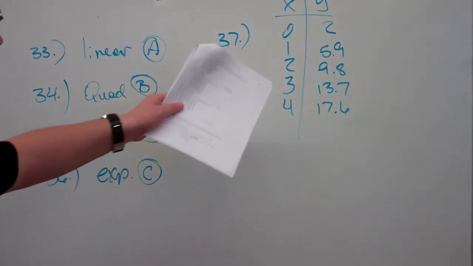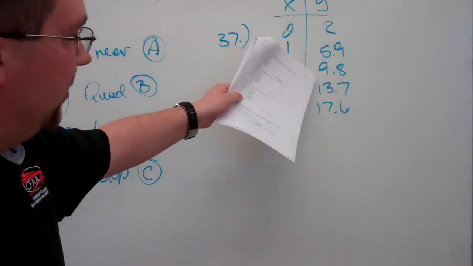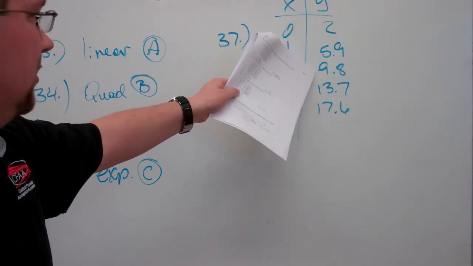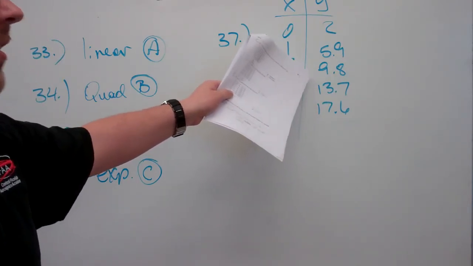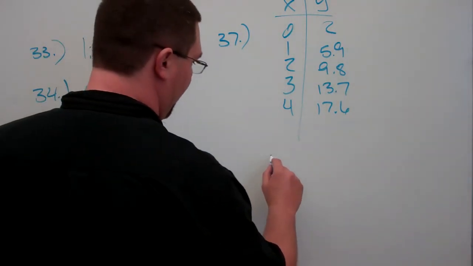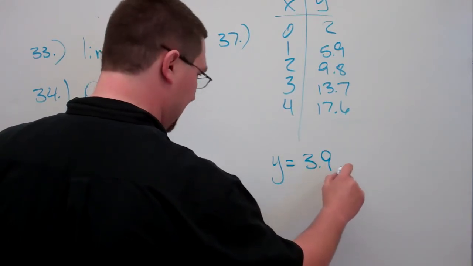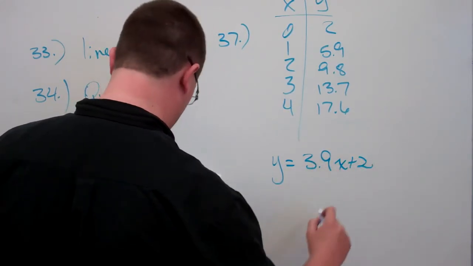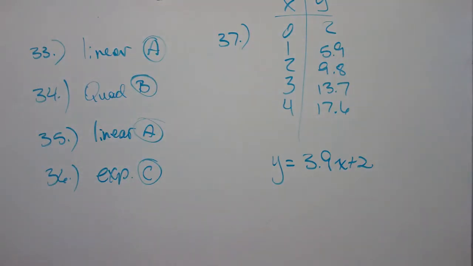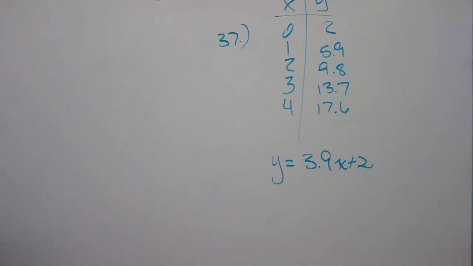So what I would do is subtract 2 from this. What do you get? You get 3.9. That's probably what you're multiplying by. Subtract 2 from this, you get 7.8. What's half of 7.8? 3.9. So there, we just figured it out. Y equals 3.9x plus 2. So there's your equation. Just simple reasoning through it.